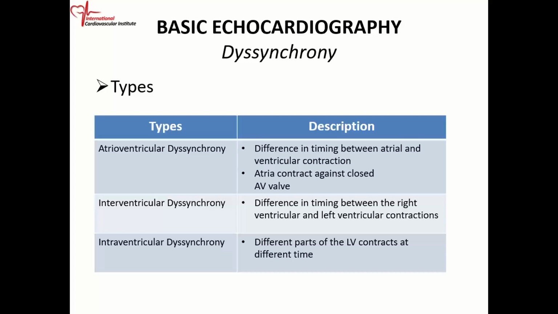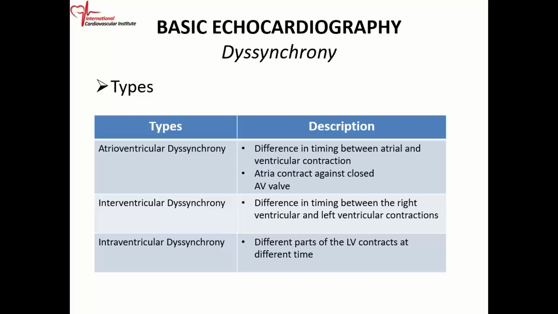The right ventricle is supposed to contract a little bit before the left ventricle, and that is a coordinated thing. So you need the right ventricle to contract a little bit before the left ventricle. So if there's a difference in timing between the right ventricular and the left ventricular contraction, that's what we call interventricular dyssynchrony, because you have to synchronize everything.